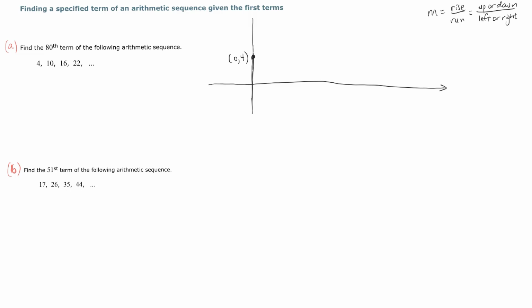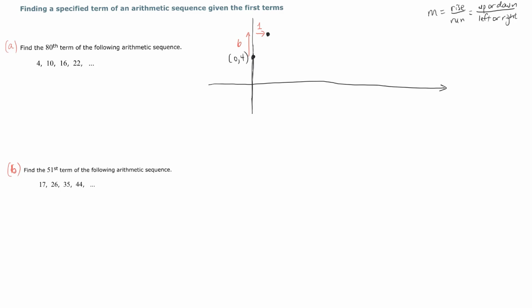In this case, our arithmetic difference is actually going to go up 6, and then we're going to go right 1. So if we go up 6, right 1, and then you go right 1 unit this way, I could put another dot there, right?